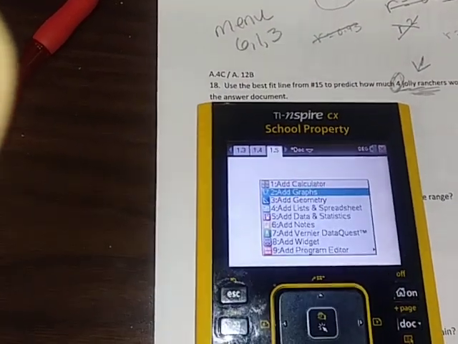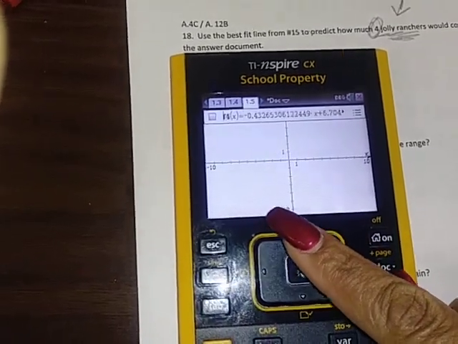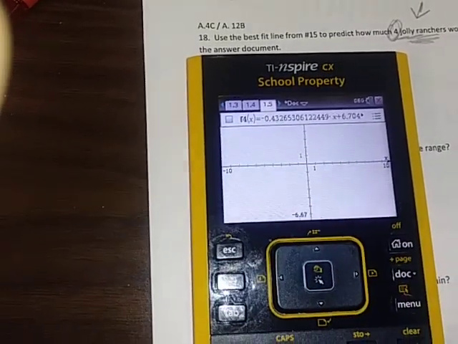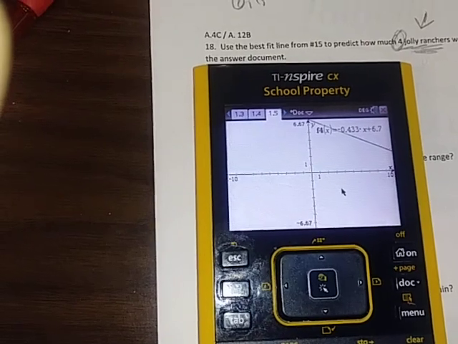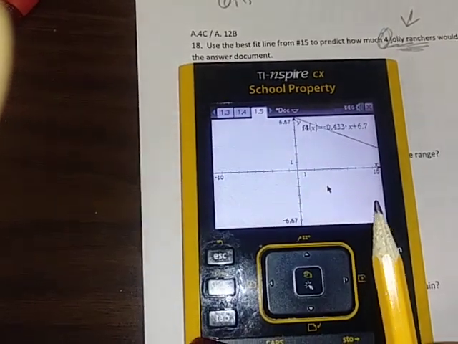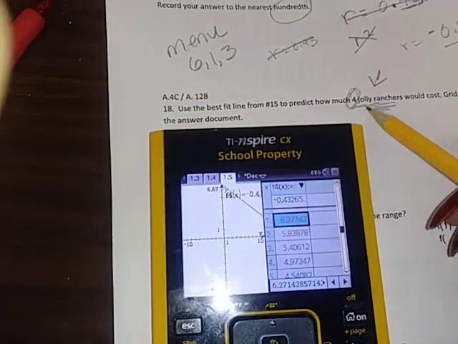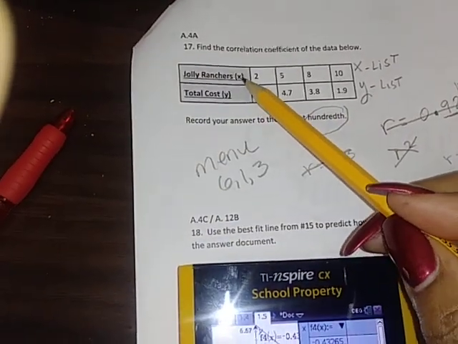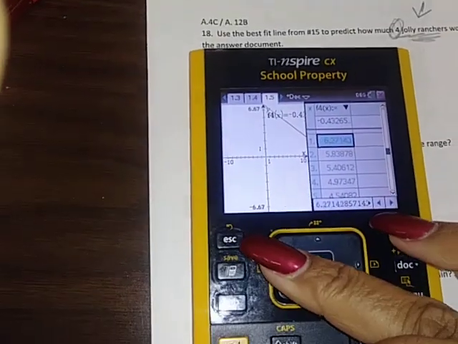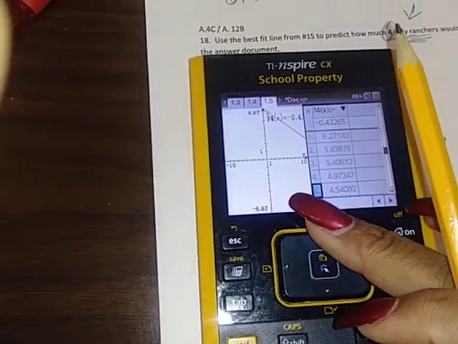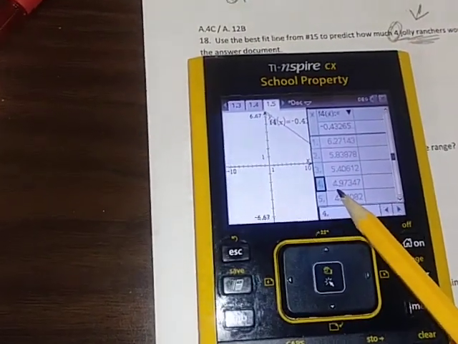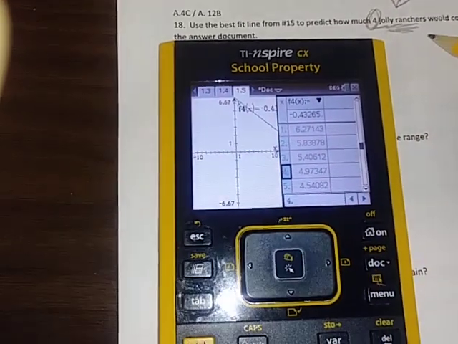So let me add a graph. Press up, press enter, go to the table, and look in the X column because the Jolly Ranchers were X values. So look when X is 4, and the cost would be $4.97.